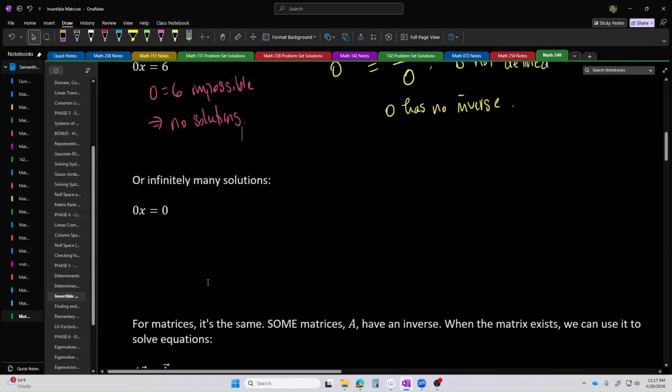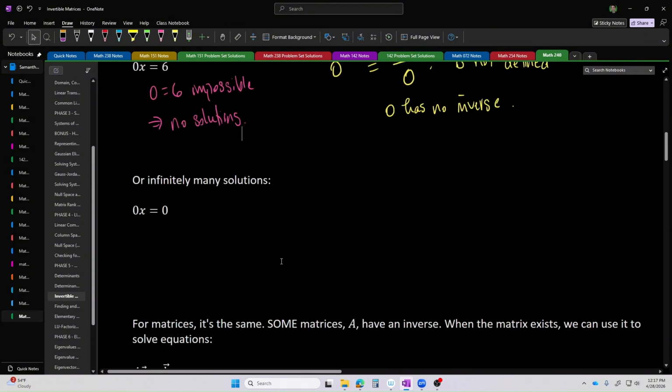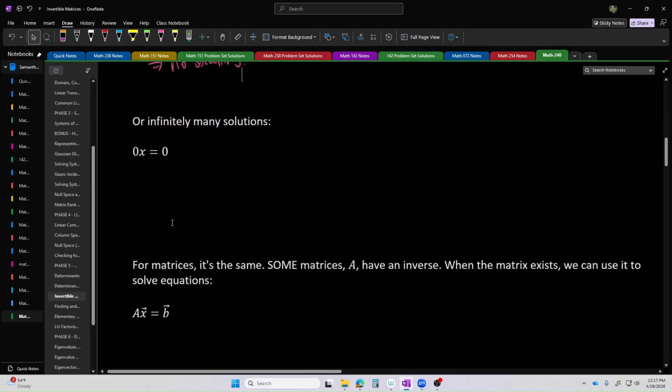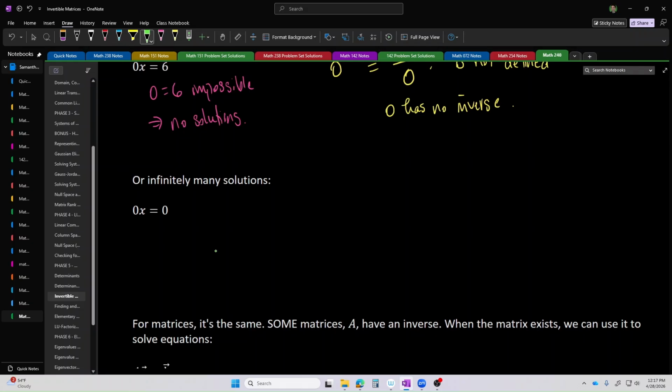Also, when we had an equation that contained this 0 on the left-hand side, it was possible to get infinitely many solutions and get something that's underdefined. If I have 0x equals 0, then this statement is trivially true. So this has infinite solutions.